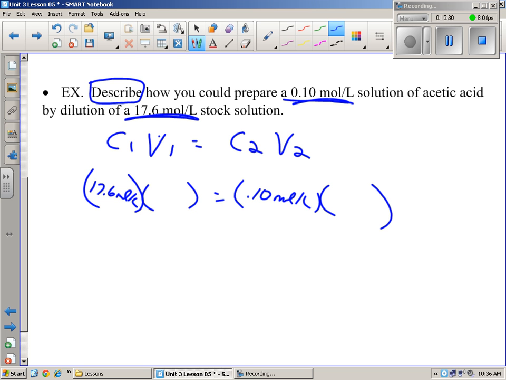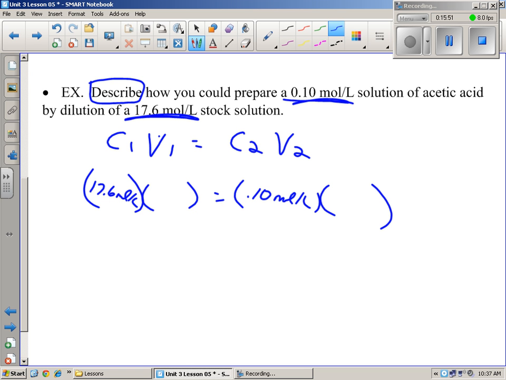We're missing a volume. Yeah, 100 milliliters. It doesn't tell us, so we have to assume we're making 100 milliliters.